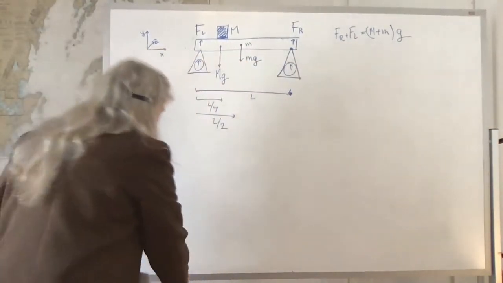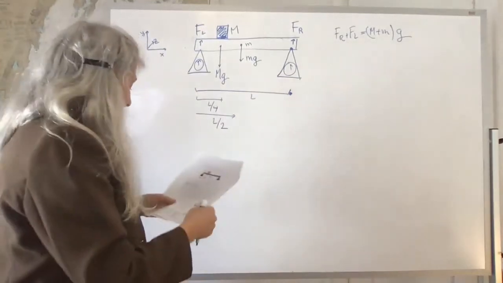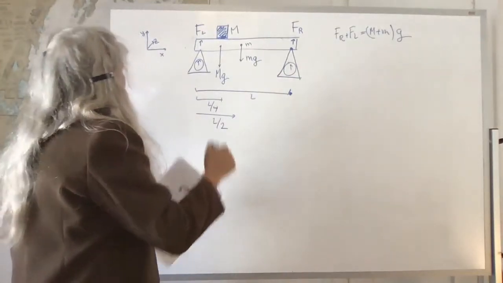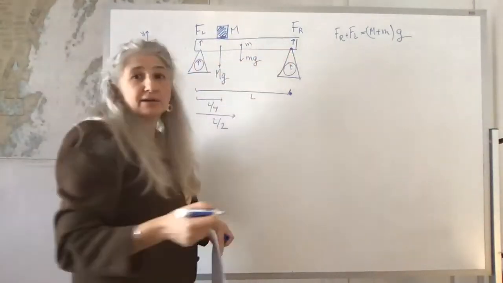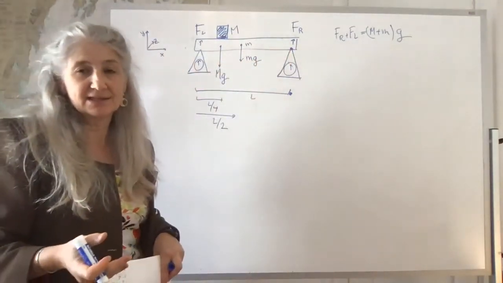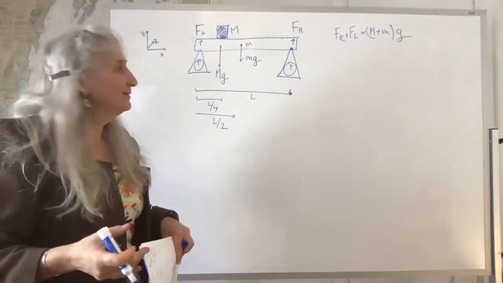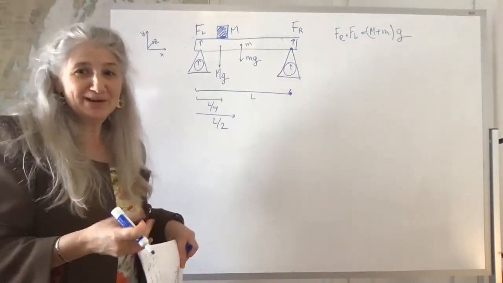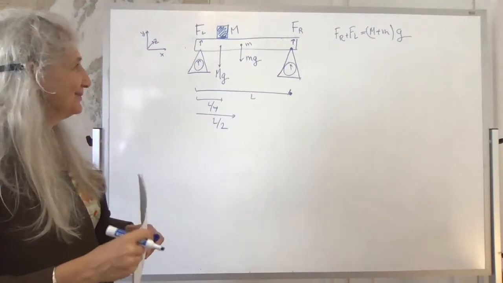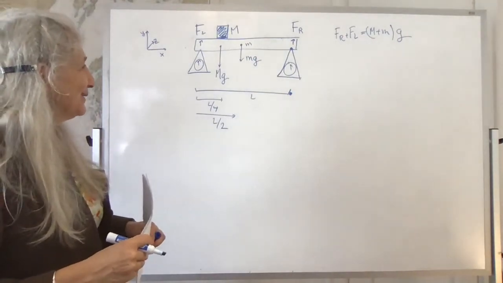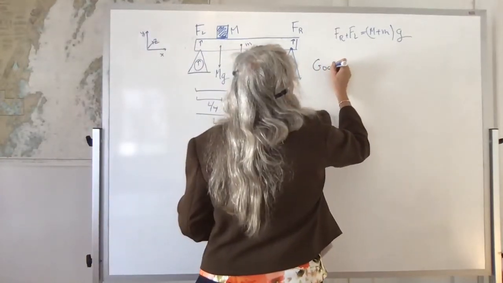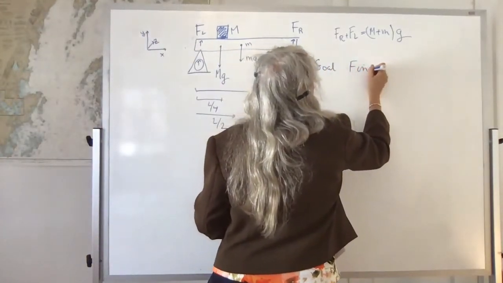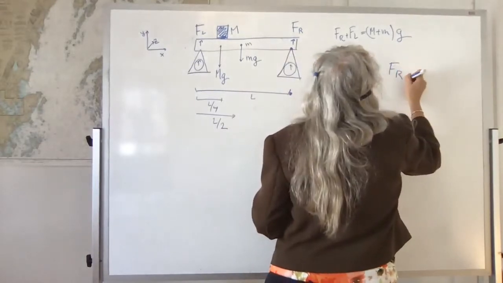Now let's compute the torques. You could compute the torque either here or here, and they're going to give you slightly different conditions. But before I start computing torque, let's ask what we want to do. What's our goal? Find FR and FL.